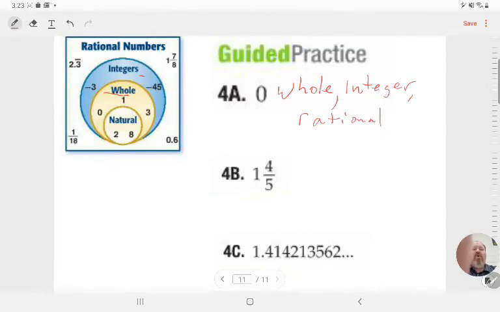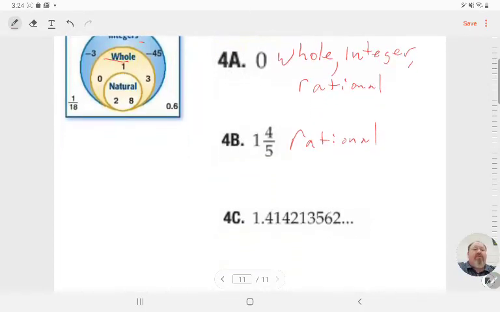Okay? 1 4/5 is a mixed number, so therefore it is only a rational number. And then for C, 1.41421356 means it goes on and on forever. It would be an irrational number. Okay? All right. If you got any questions, let me know. Have a good day.